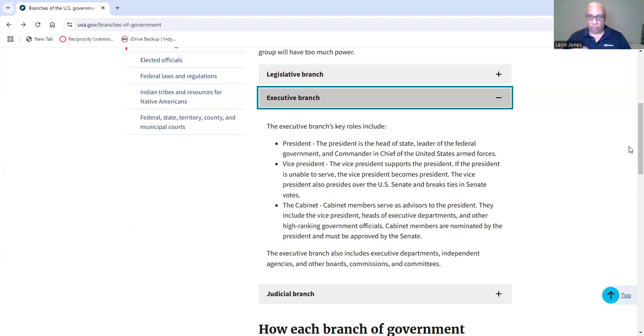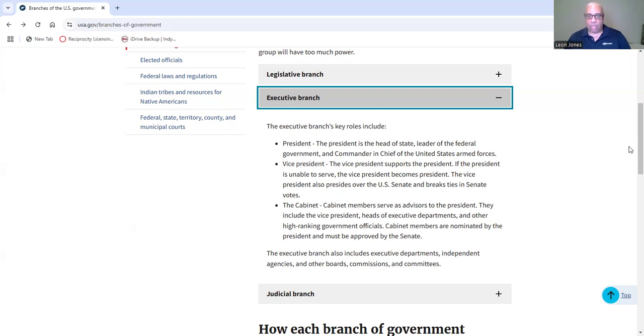And then you have all of your cabinet members. These are the members that must be confirmed by the Senate, which is part of the legislative branch. The cabinet members serve as advisors to the president. They include the vice president, heads of executive departments, and other high-ranking government officials.